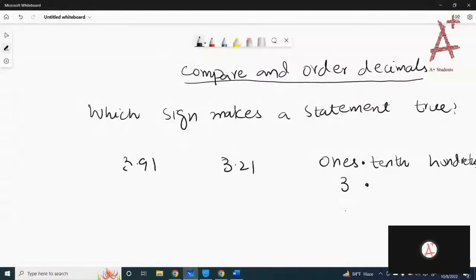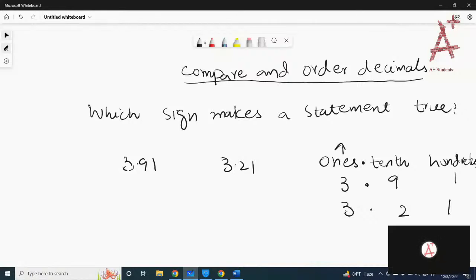So in 3.91, 3 is at the ones place, 9 is at the tenths place, and 1 is at the hundredths place. Got it? Now the second one is 3.21. So 3 is at the ones place, 2 is at the tenths place, and 1 is at the hundredths place. So start comparing from the highest place value. The ones digits are both equal.